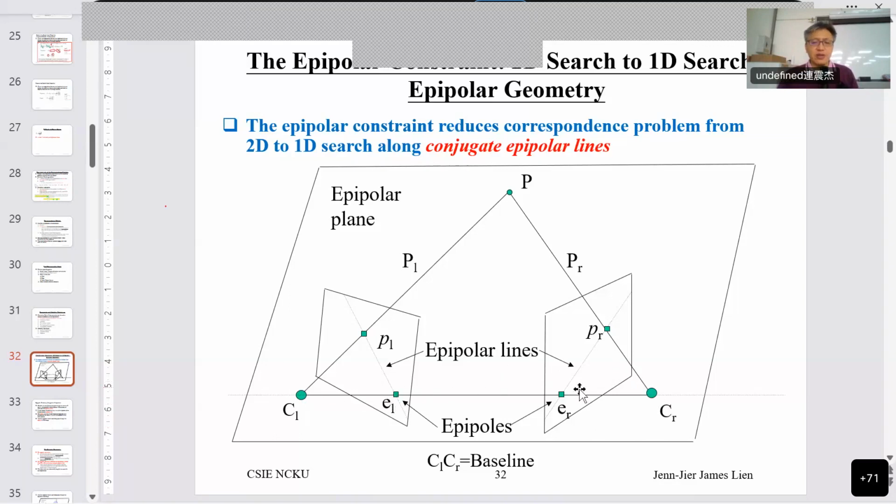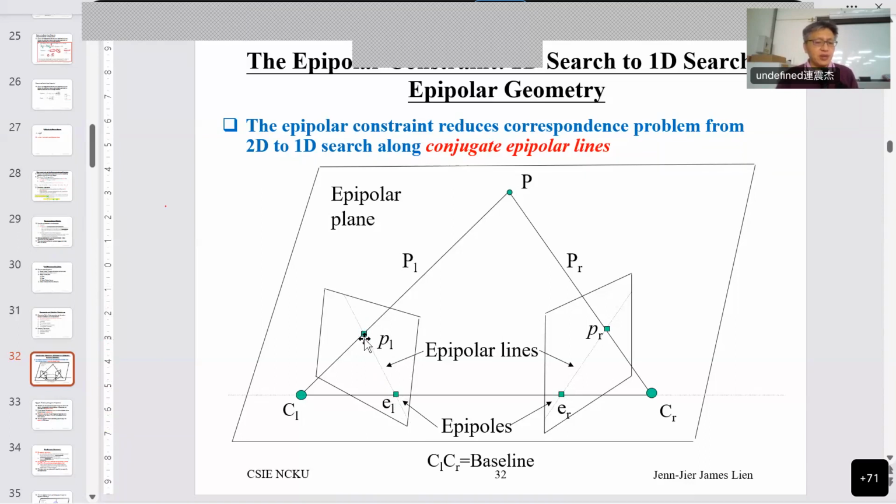The same in the right-hand side camera. You can see your left-hand side camera, and what projects from here to the left and right side camera is called the epipole. So for any 2D point in this image, you can connect this point to the epipole with this, called the epipolar line.